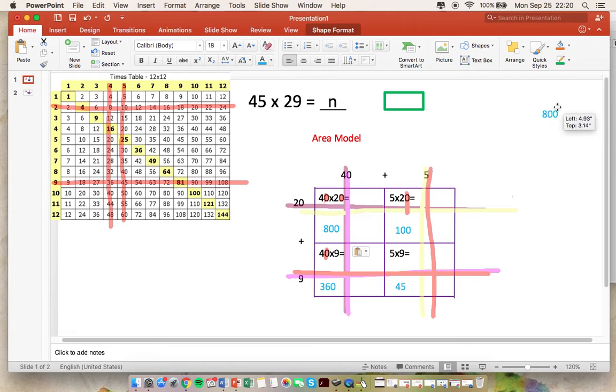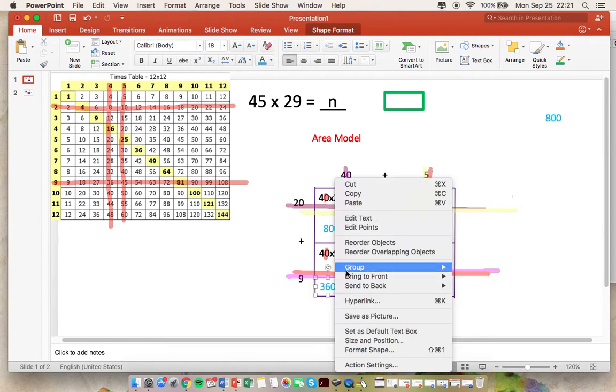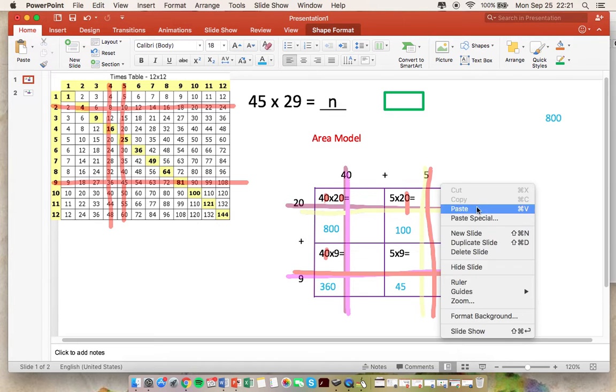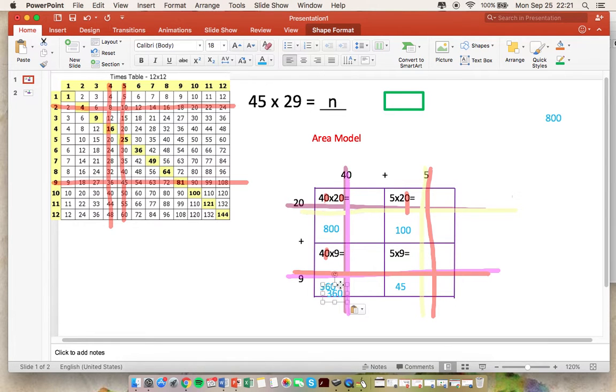So I'm going to put them over here so that we can do our addition problem. And I like to start with the biggest and go all the way down, the most to least, greatest to least. That's what I'm looking for.